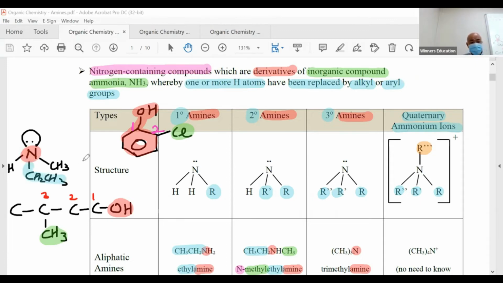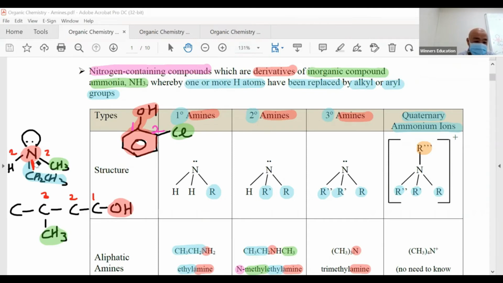Then CH3 will become the substituent. So currently, I want to label it, but you realize you will have a problem labeling it 1 or 2 or 3, correct? Because if you call this 1, then is it 2 here or 2 here? You can't. And because of this, organic chemists say we should not use numbers anymore.